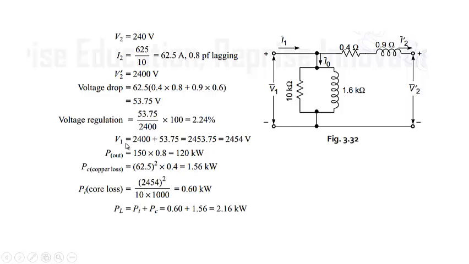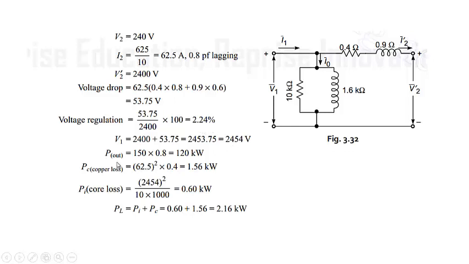Or you can directly calculate V1 equal to 2400 plus this value, so it comes out to approximately 2454 volts. Voltage regulation will be equal to 2454 minus 2400 divided by 2400 into 100, that is 2.24%.